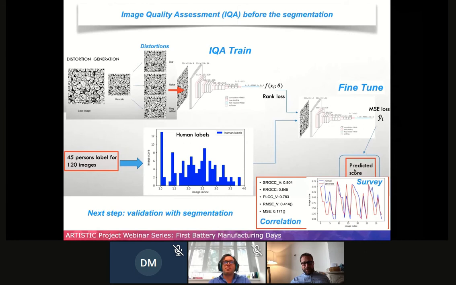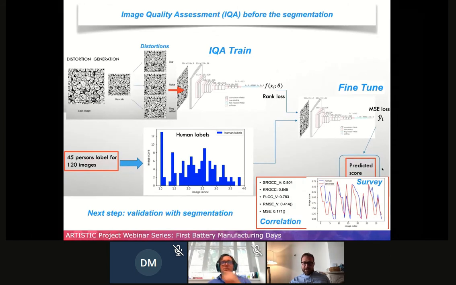This is what you get. You get the prediction. And after this prediction, we make a quick survey just to validate our models. Based on the correlation between the predicted ranking of the images and the ranking given by humans, we can clearly see from more than 30 images that the trend is relatively equal.